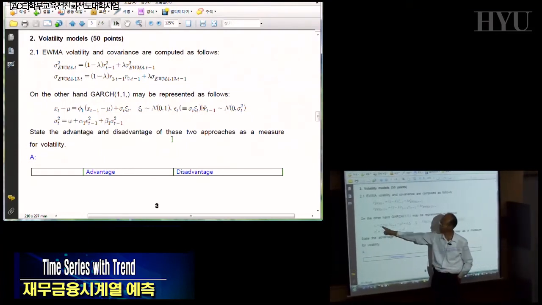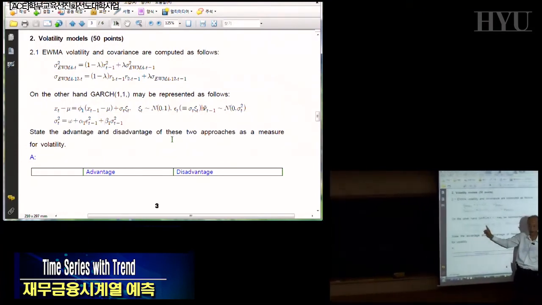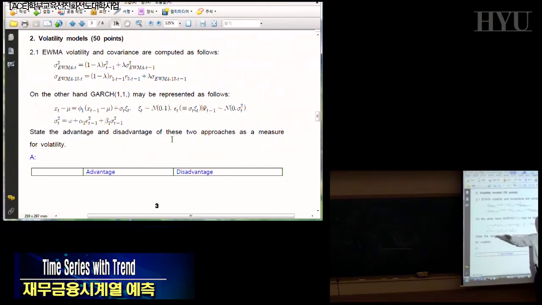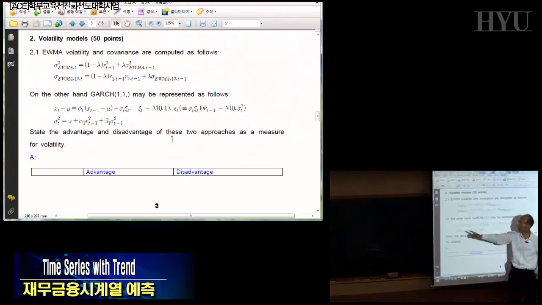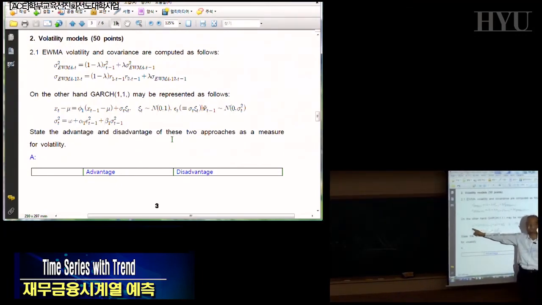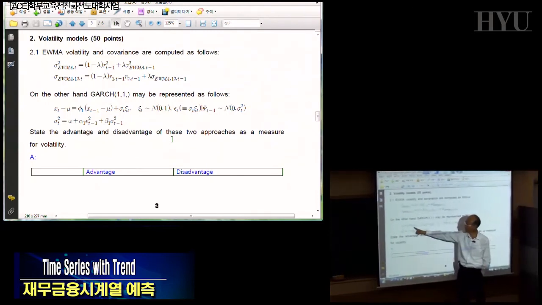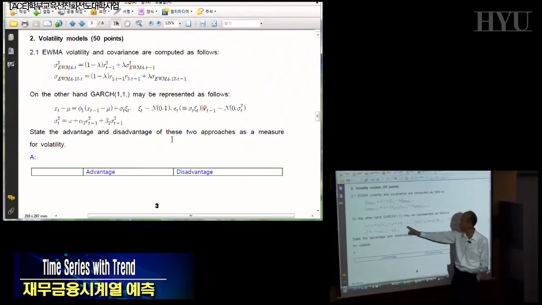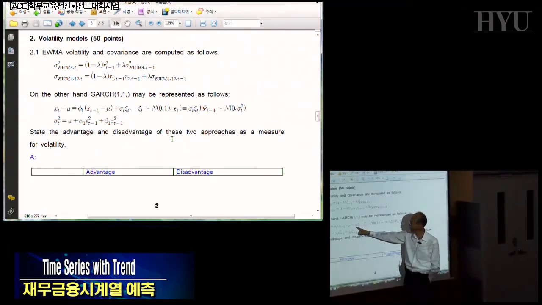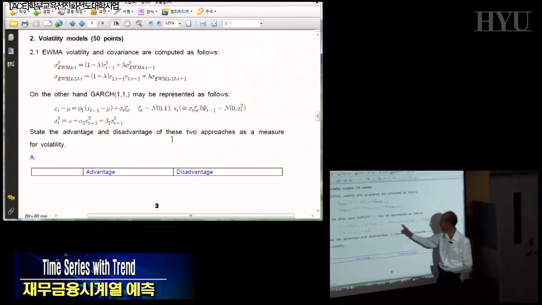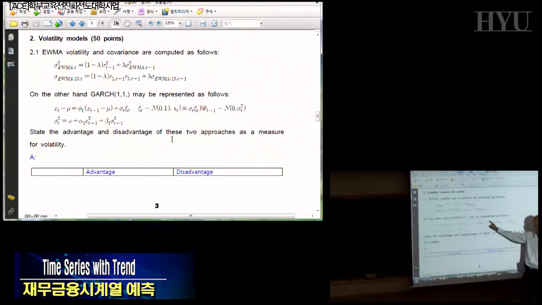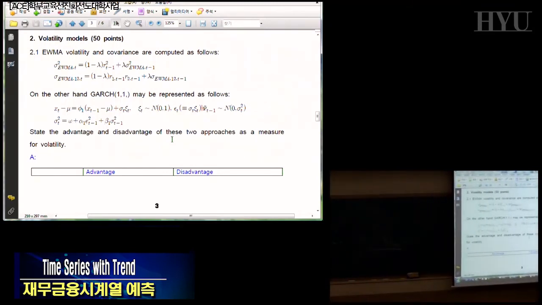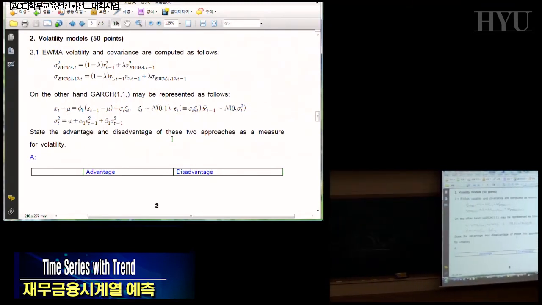Well, this is your parameter, mu, in the mean equation. Okay. X_t could be stock return. Okay. Pi 1 is a parameter to be estimated, right? And epsilon_t is conditionally normal, right? Is this to be estimated?